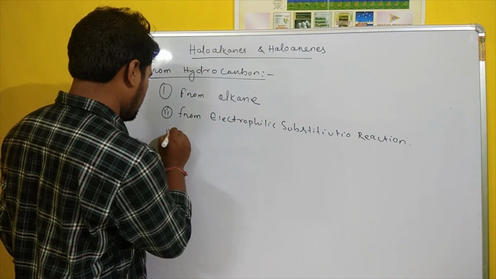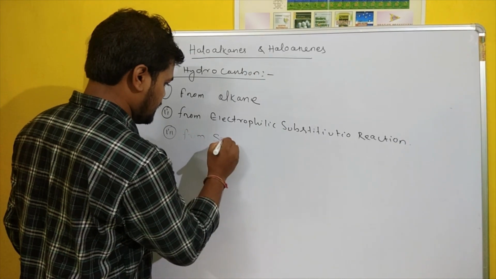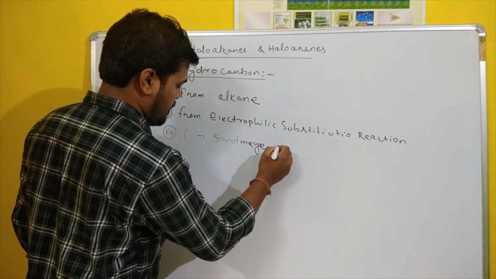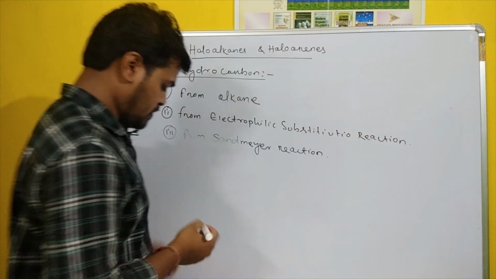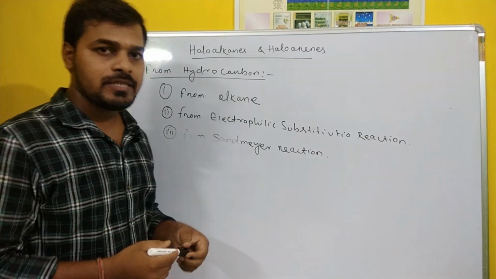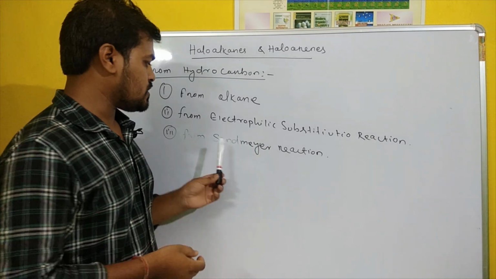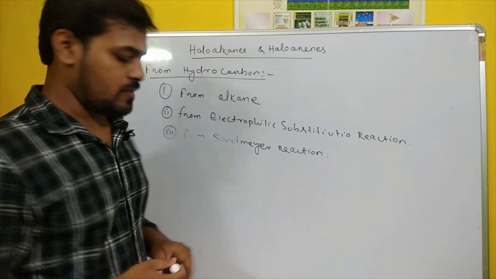Third is from Sandmeyer reaction. So we will go step by step: first from alkane, then from electrophilic substitution reaction, then from Sandmeyer reaction, we will prepare haloalkanes and haloarenes.